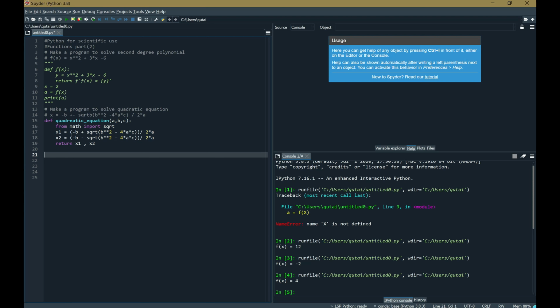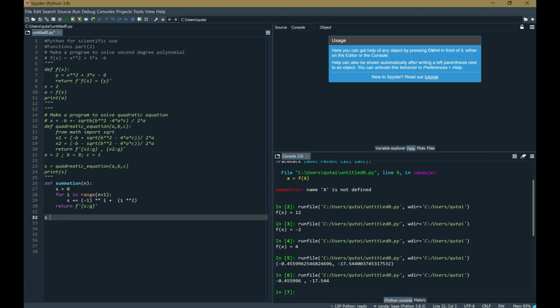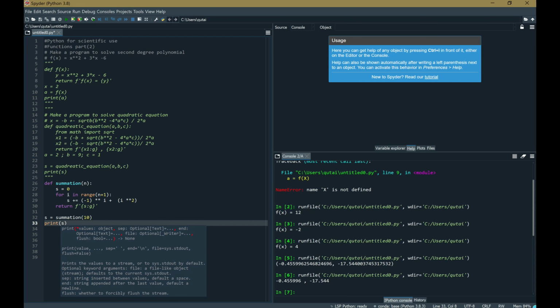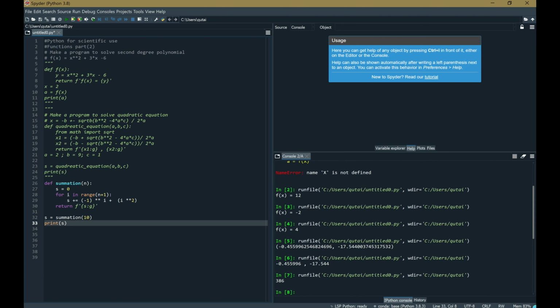And here we want to return s, and we make an f string to make it a little bit better, more compact here. We make s equal to summation, and here we want to go to 10, and we print s, and we hit run. We got 386.